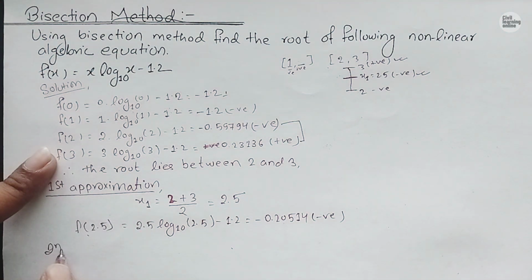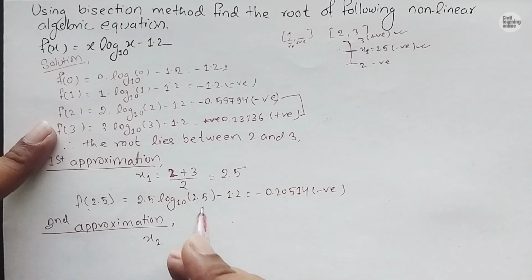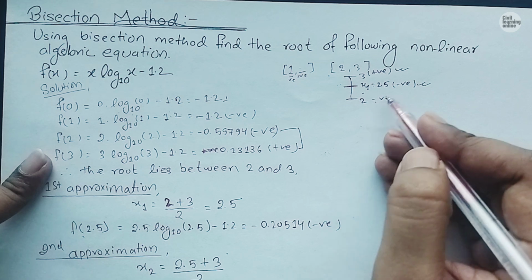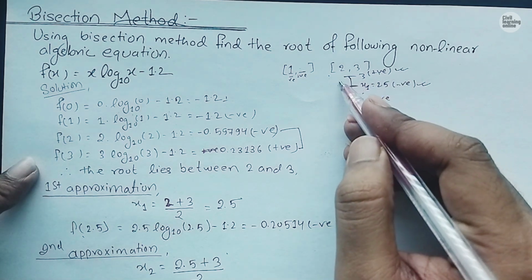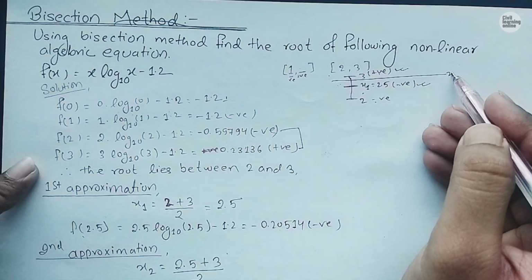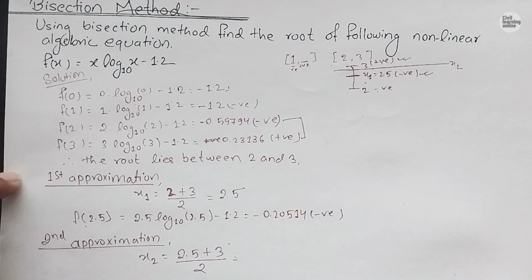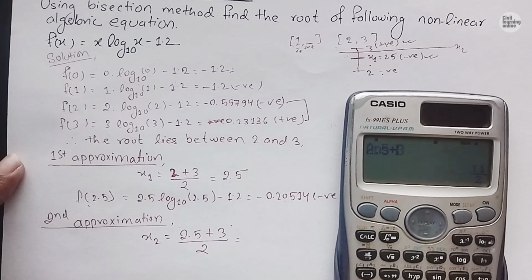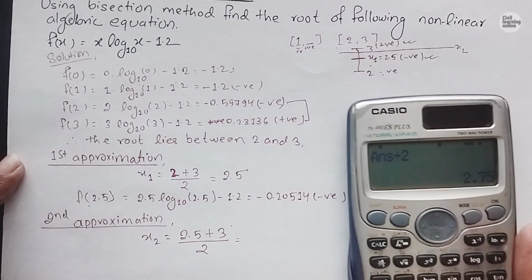For the second approximation, x2 equals (2.5 + 3) divided by 2. I have tried to explain the same thing using this line: we have negative here and positive here, so our root will be in between, and this is our x2. So we get 2.75.